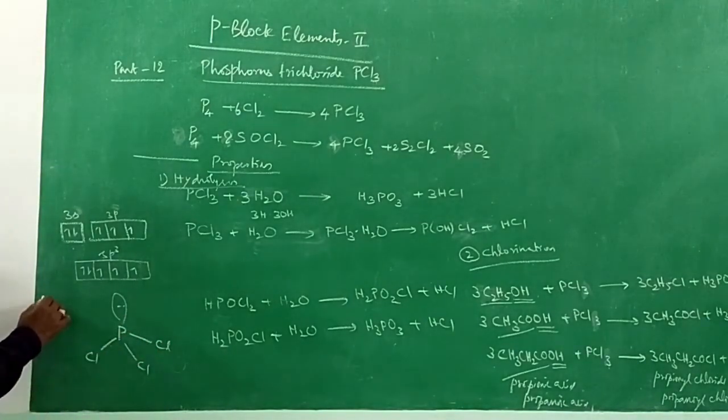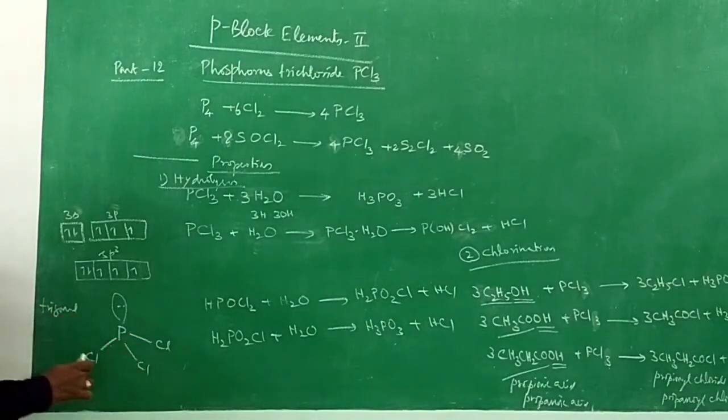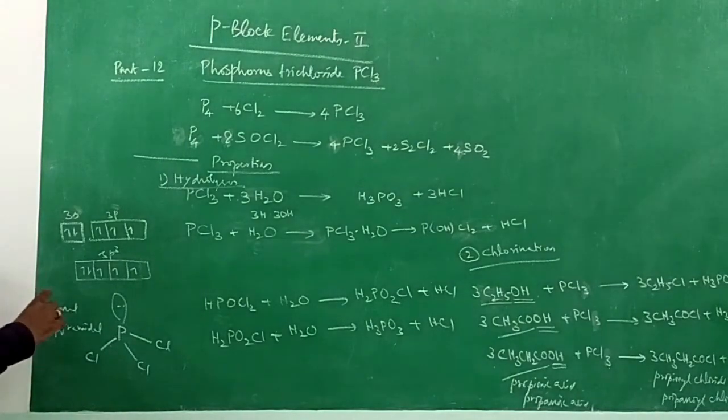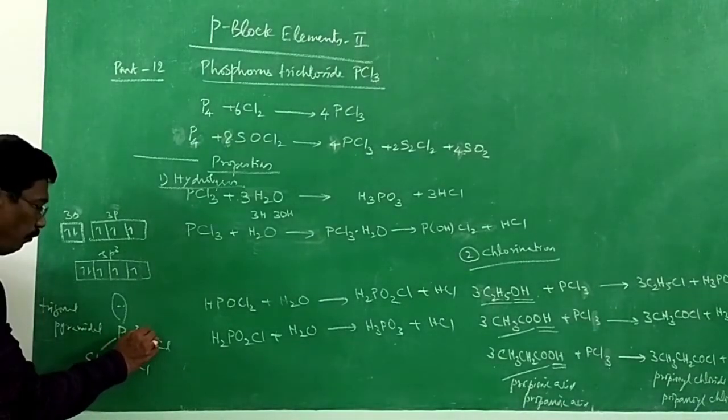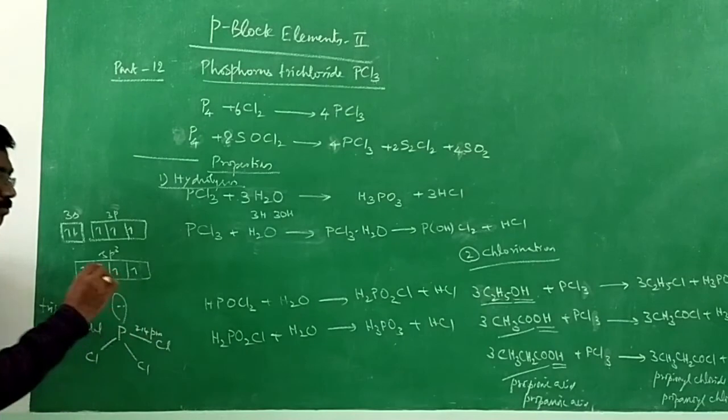It is said to be trigonal pyramidal. 3 chlorine atoms are occupying the corners of a triangle, and above that a lone pair on phosphorus projecting like this. Trigonal pyramidal.